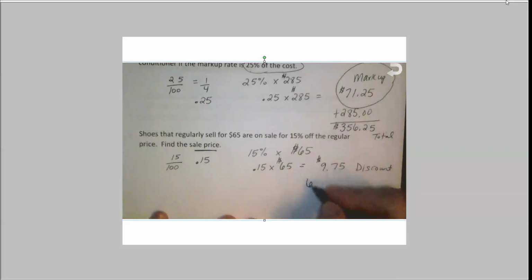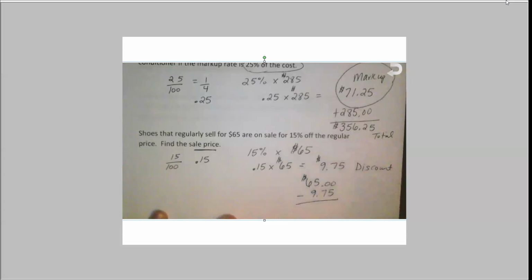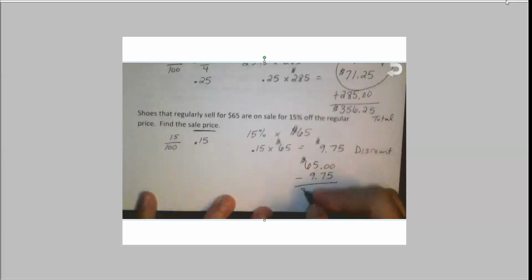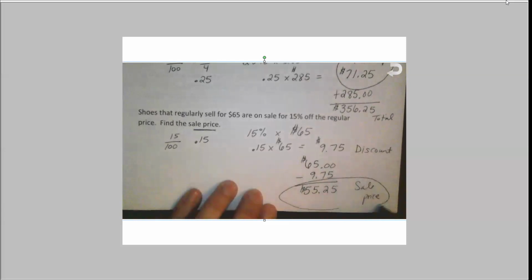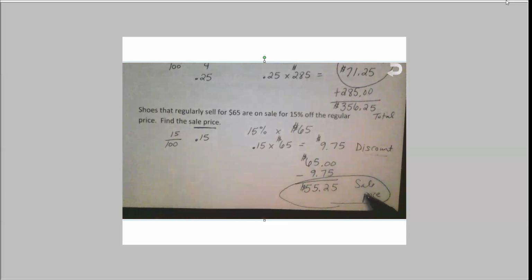So you're going to take that $65 and subtract $9.75 from that, and that's going to give us a sale price of $55.25. Okay. If it only asked for the discount, we could have stopped here at $9.75. But it asks us, what is that new price now after that discount is taken off? That would be your sale price of $55.25.